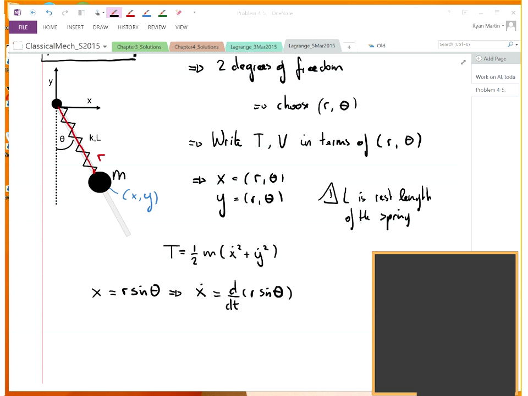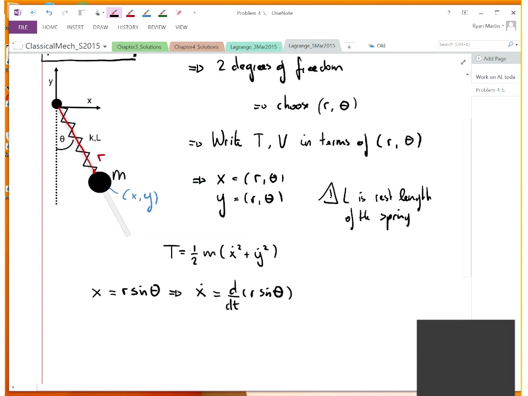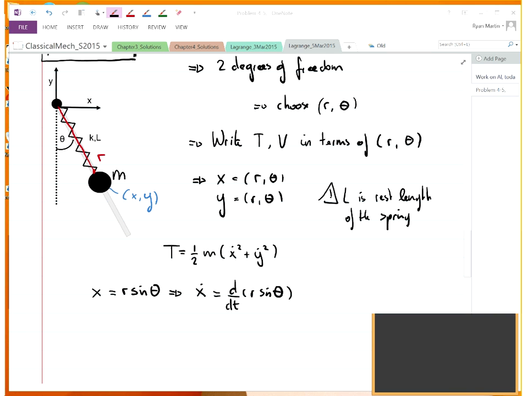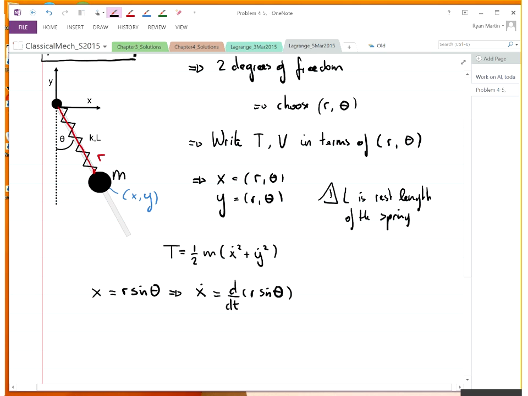So we need to take the time derivative of r sine theta. So in the previous case, with a normal pendulum where the length doesn't change, we had L instead of r, and that was a constant.